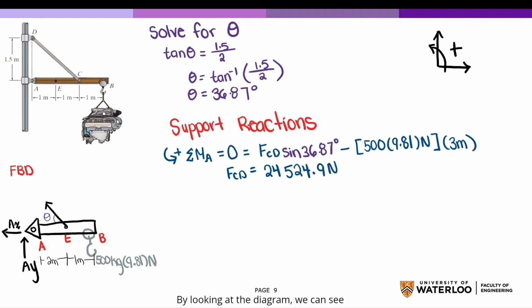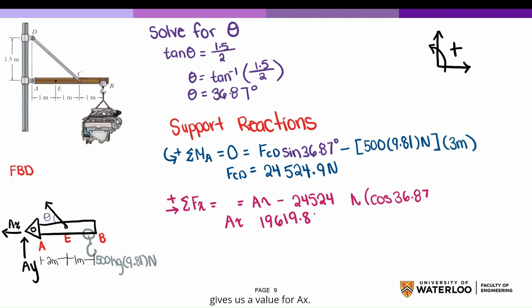By looking at the diagram, we can see that the force of CD causes a counterclockwise moment, and the force of the engine causes a clockwise moment about point A. So the force in member CD is equal to 24,524.9 newtons.